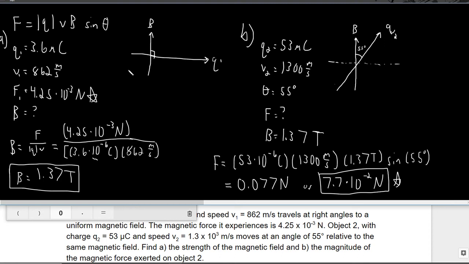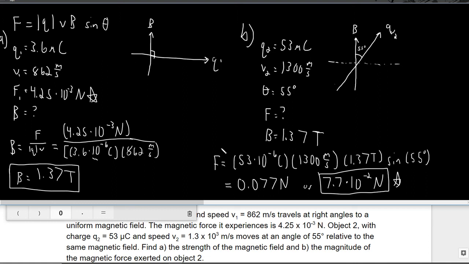It was moving faster, but it wasn't moving perpendicular to the magnetic field. It was moving at a 55-degree angle to that magnetic field. And we see that had a bigger effect on the magnetic force than the charge or the velocity.